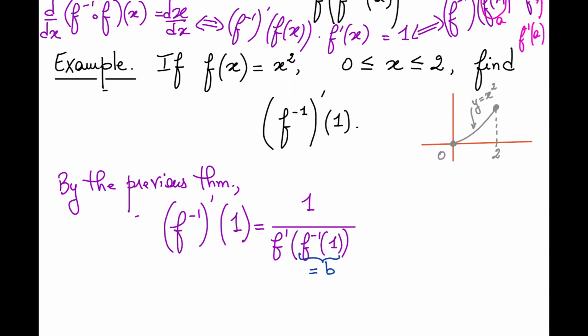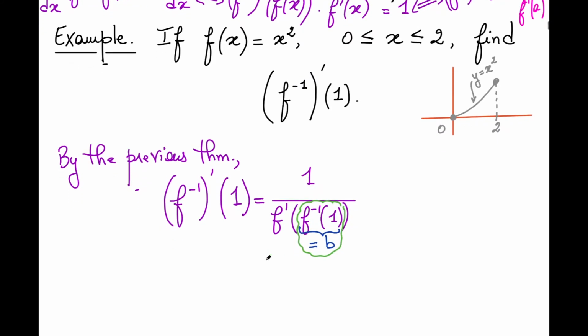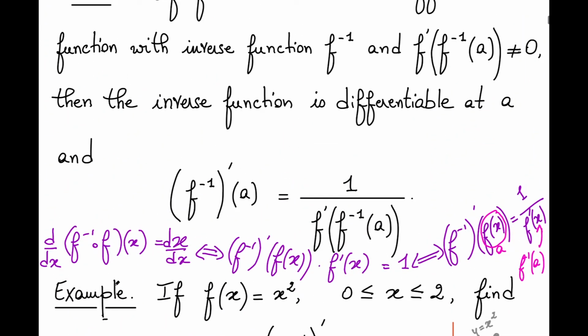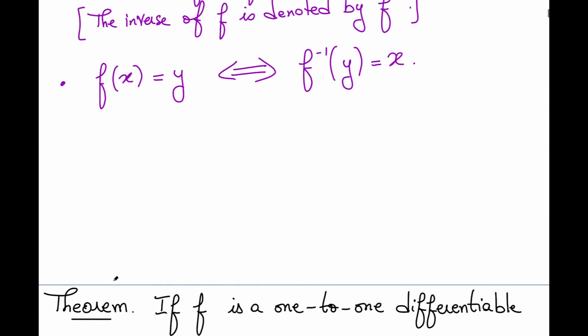One more time. What does f inverse of 1 mean? If you call it b, based on the previous page, f inverse of 1, so y is 1 and x is b. In our discussion, f inverse of 1 is equal to b.